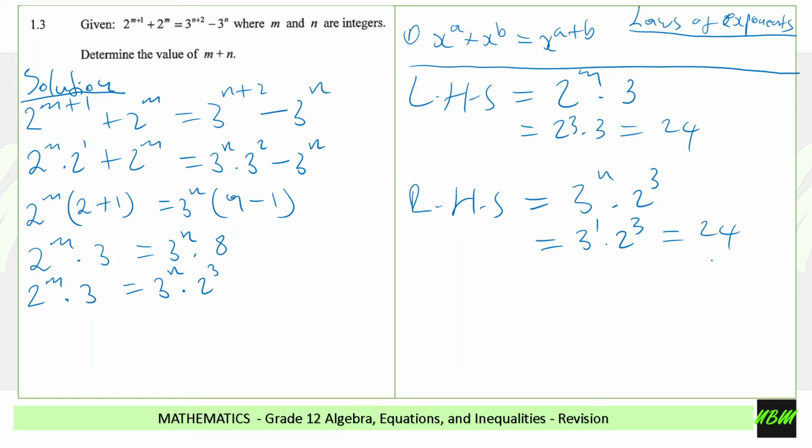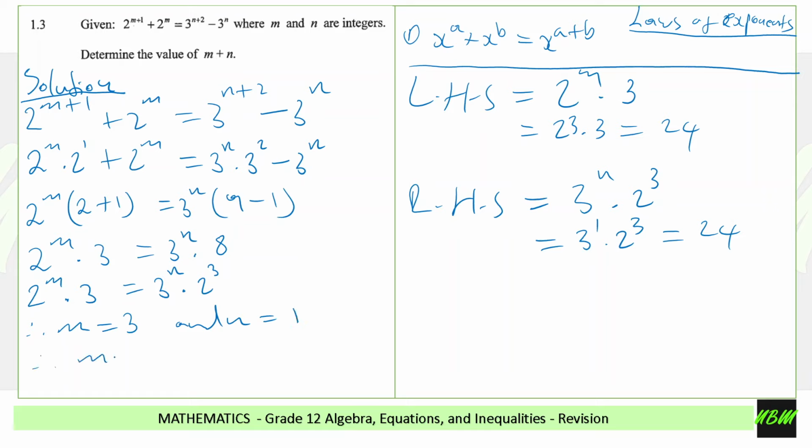You will see that when m is 3 and n is 1, the left hand side is equals to the right hand side. Therefore, you can now say m is equals to 3 and n is equals to 1.